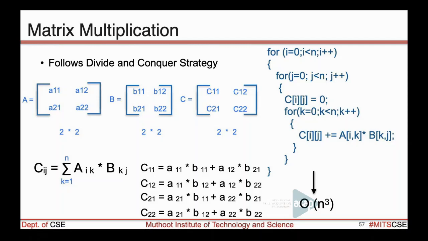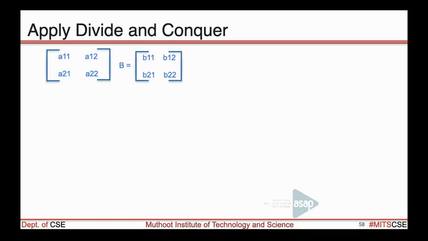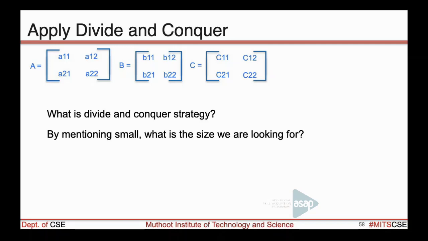Let's see what differences we have when we go to the divide and conquer strategy, Strassen's multiplication. We are applying the divide and conquer strategy to matrix multiplication. So here I have the arrays: A equal to A11, A12, A21, A22, B equal to, and C equal to. What is the divide and conquer strategy?